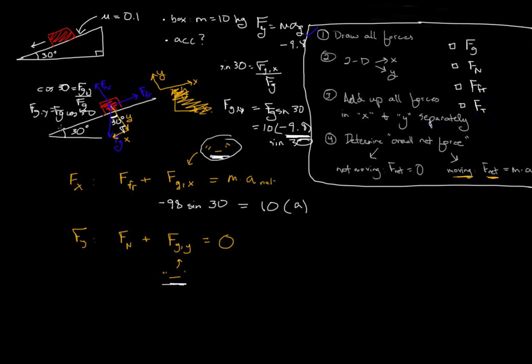So FG is your mass, which is 10, times negative 9.8, times cosine of 30. That is your FG in the Y.